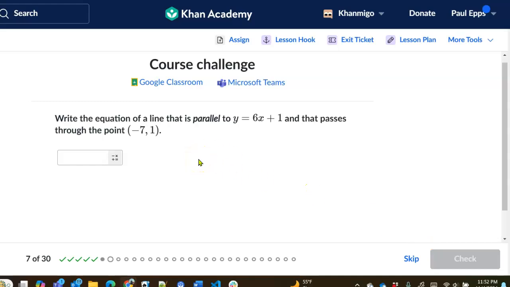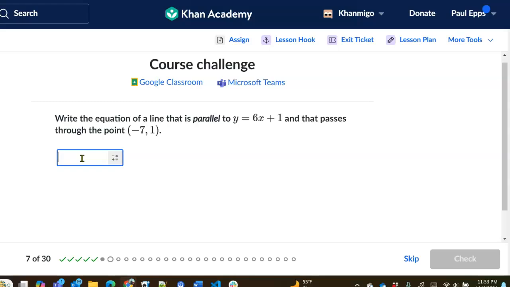Write the equation of a line that is parallel to 6x plus 1 and passes through the point negative 7, 1. So we can do this with a point slope formula.